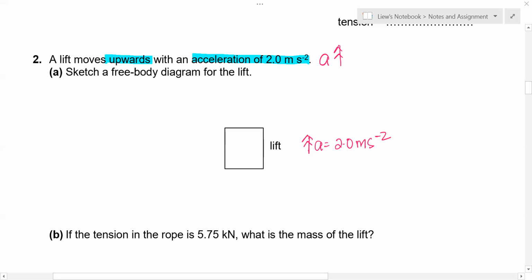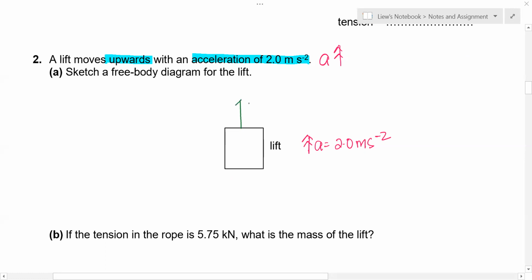The lift can go up and down because of cables that are attached to the lift. So we are going to simplify the cables and just represent them with a single cable and therefore one single tension that is pulling on the lift.